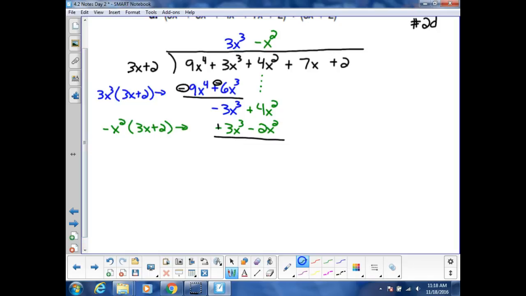Change the signs. That gives me 6x squared. And I drop the 7 like it's hot. Multiply by 2x.